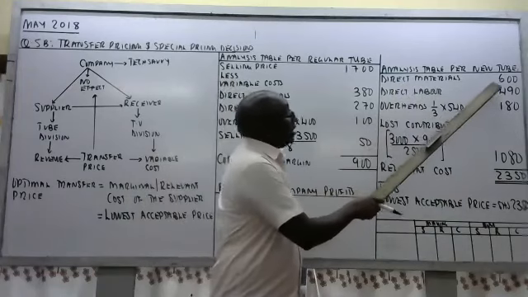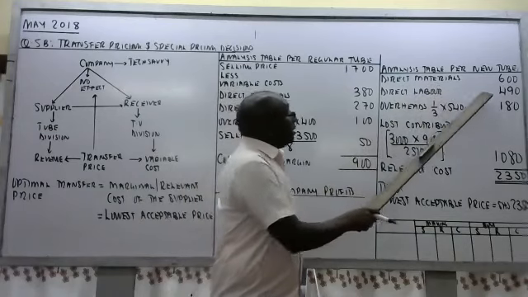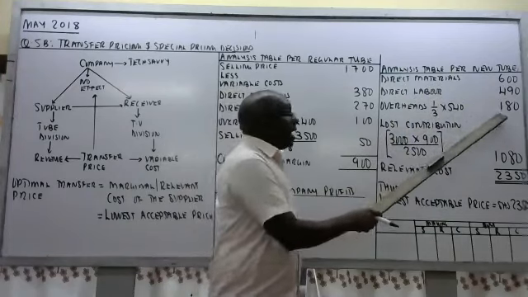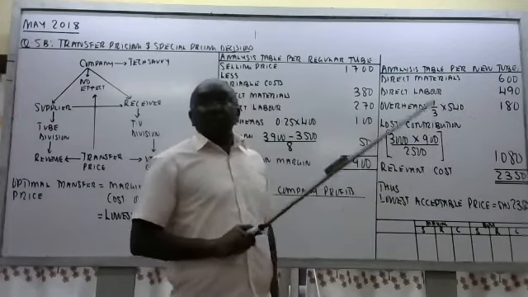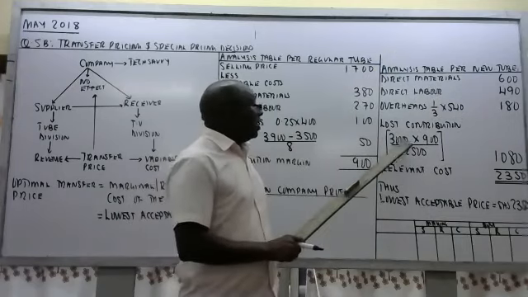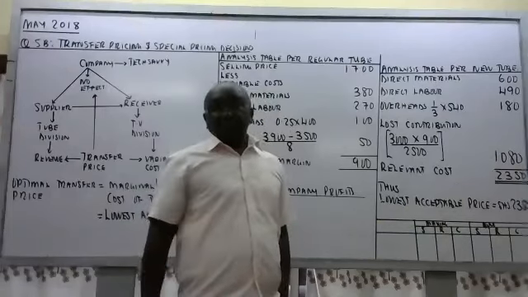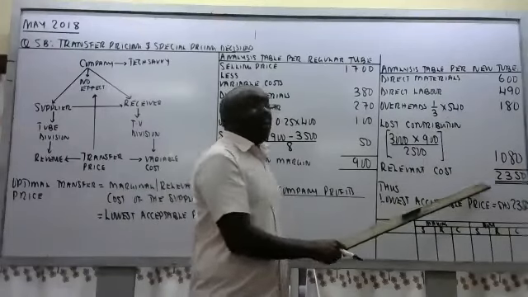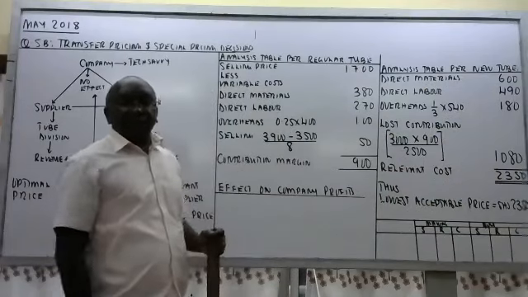We will not spend these 600. We will not spend these 490 for labor. We will not spend these 180 for the overheads. And we will not lose our 3,000 tubes. So this contribution will not be lost. So in other words, all these costs will be our savings.